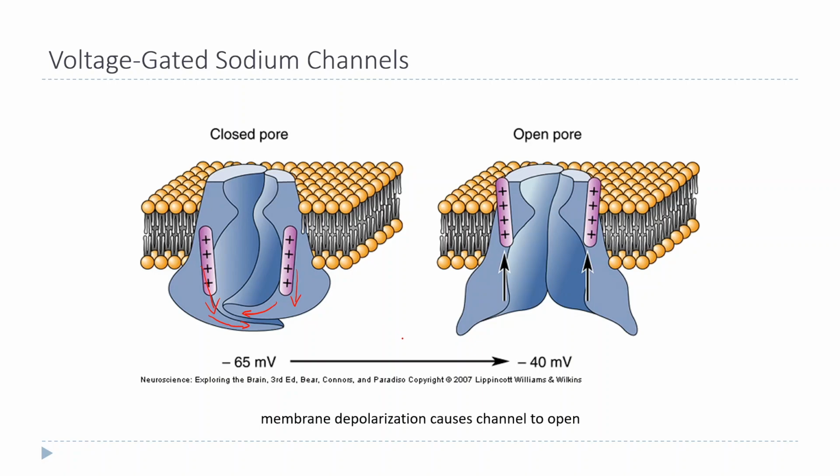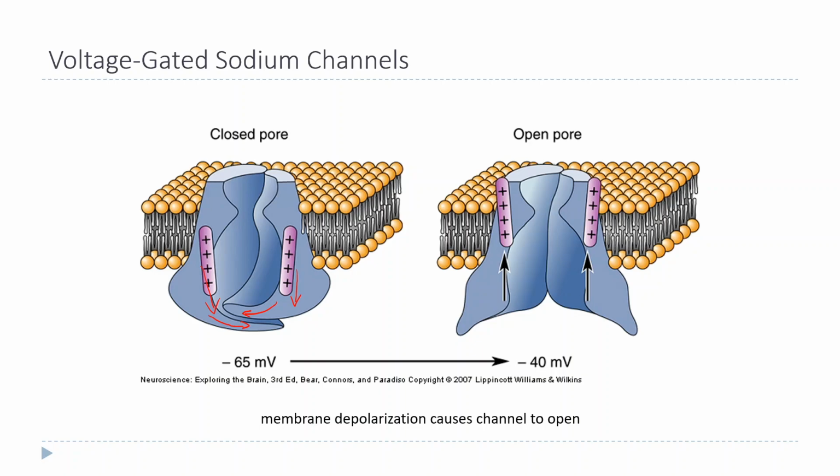And then when the membrane becomes less negative, it doesn't have to go all the way to positive, but if it goes from -65 to around -40 or so, and the exact threshold can vary from one channel to the next or one type of cell to the next.